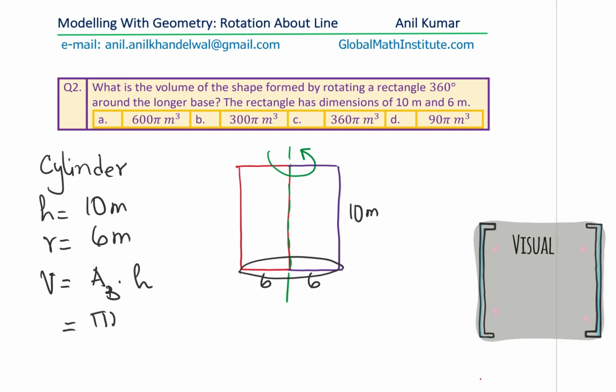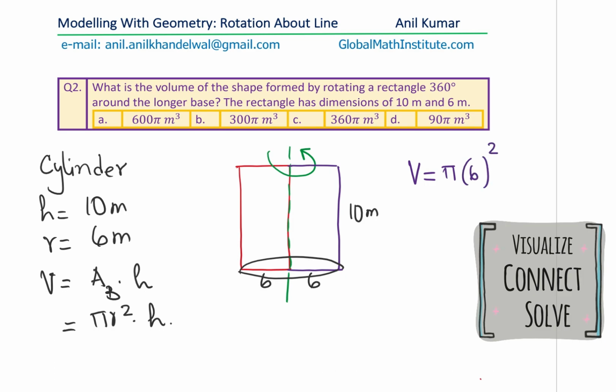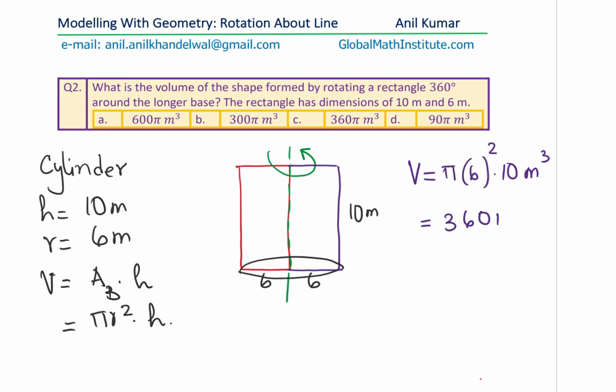And pi r square is the area of the base, and height, that becomes the formula which you can now calculate and figure out the answer, right? So the volume is pi, radius being 6 square, times height of 10 meter cube. And that gives you 360, right? 360 pi meter cube. And that is option C for you.